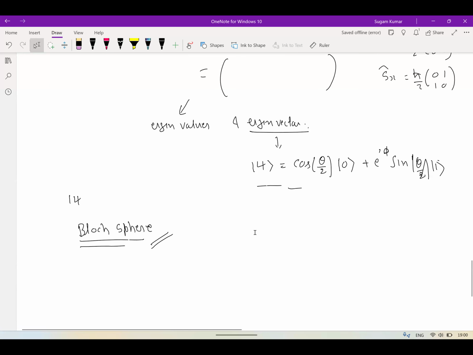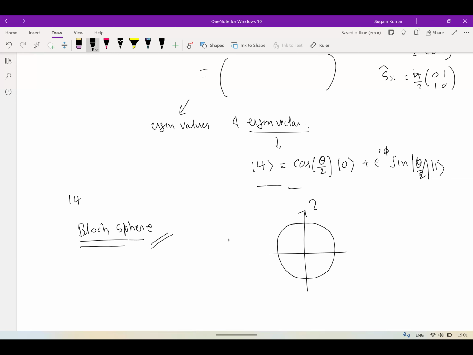Okay, so what I was trying to emphasize here is that we will focus on the wave function of the electron's spin, and with this I will try to explain the Bloch sphere. On the Bloch sphere we can show some dimensions, y and x-axis, and on the surface of this sphere, that is the spin direction.